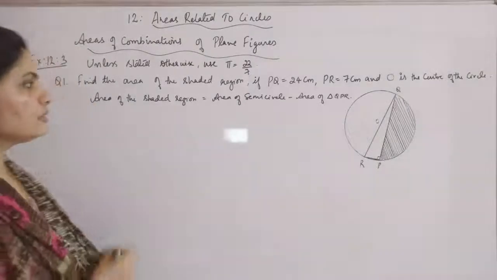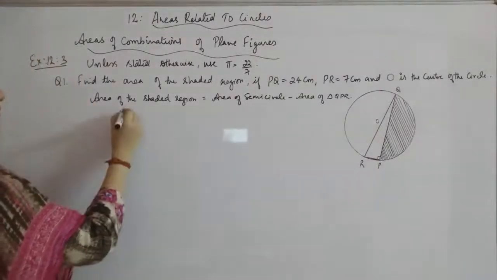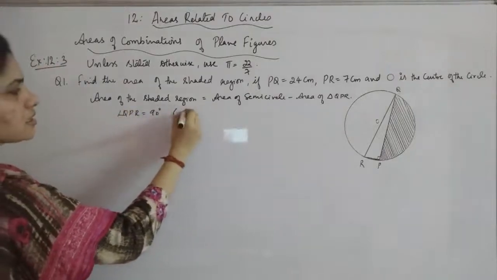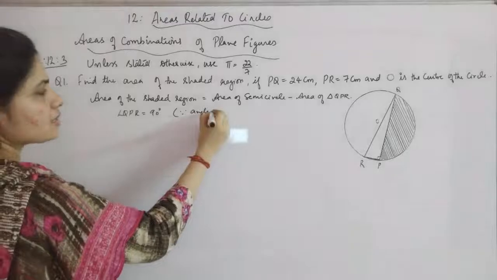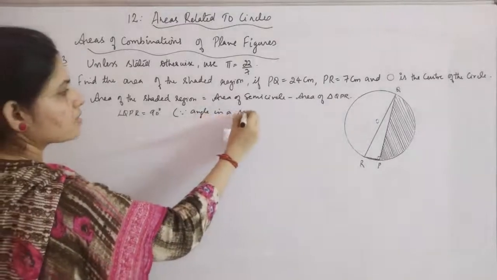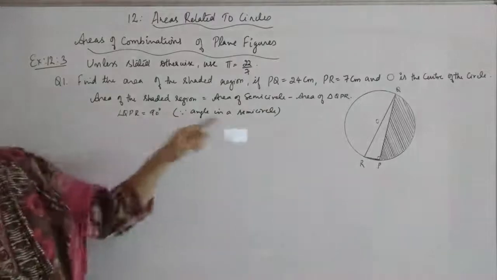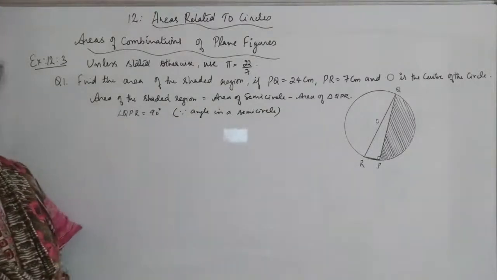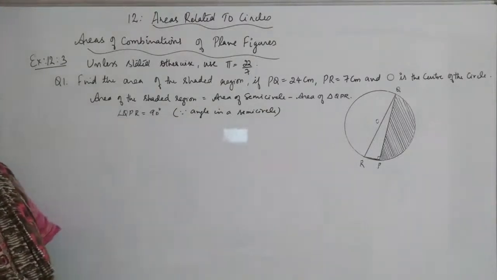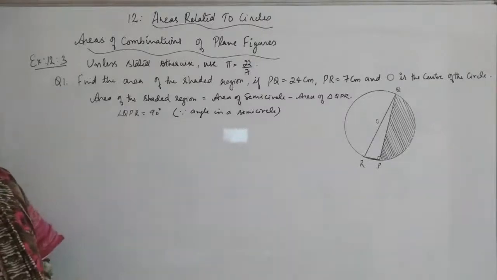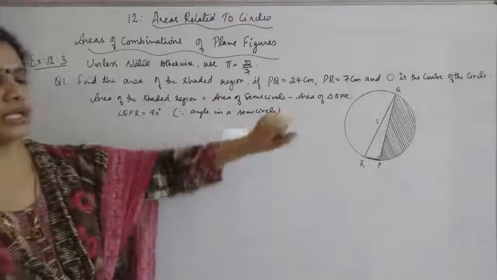You have angle QPR is equal to 90 degree since it is an angle inscribed in a semicircle. Okay, angle in a semicircle is every time 90 degree. So you can say that the triangle is a right angle triangle also. Now since it is a right angled triangle, you can use the half BH formula for finding the area of the triangle.